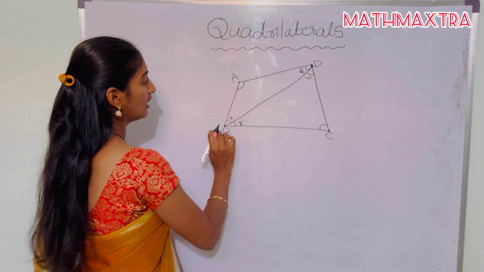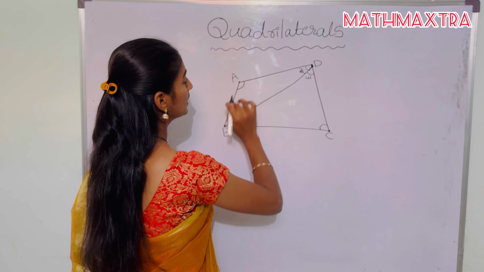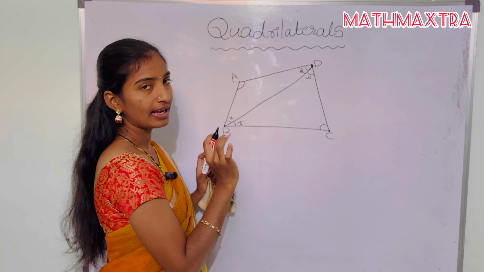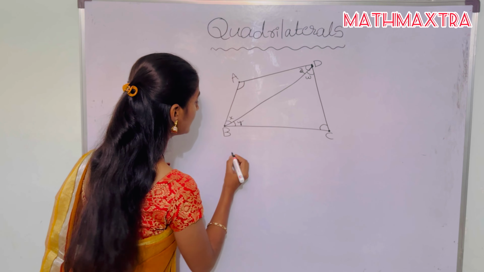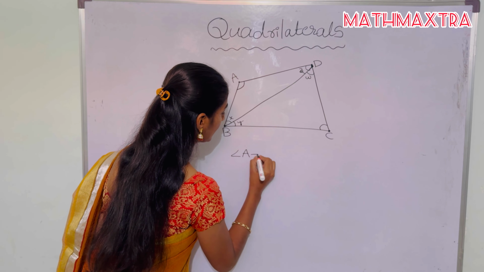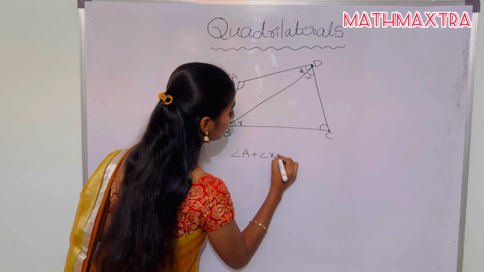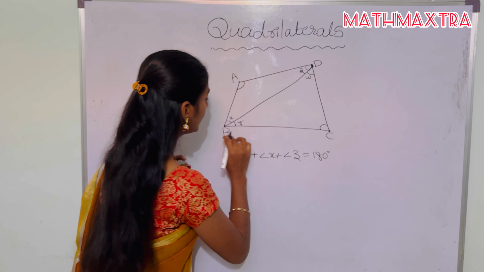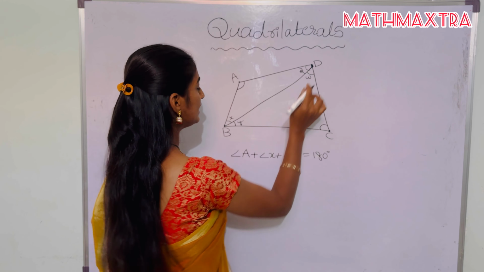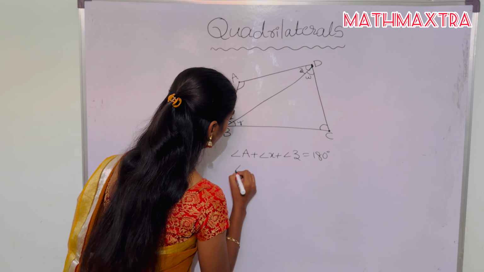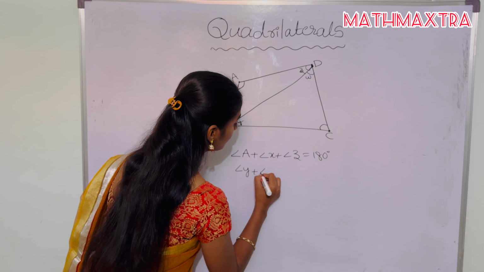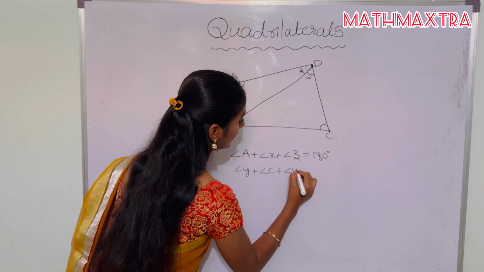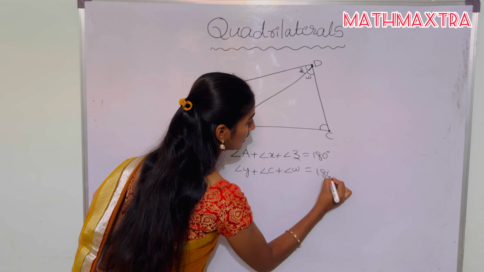Now we know very well the sum of the three angles in a triangle is 180 degrees. Yes. So which is nothing but angle A plus angle X plus angle Z, which is equal to 180 degrees. And in this triangle BCD, what happens? Angle Y plus angle C plus angle W is equal to 180 degrees.